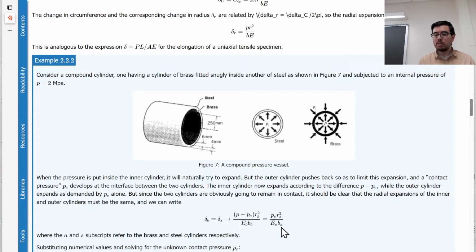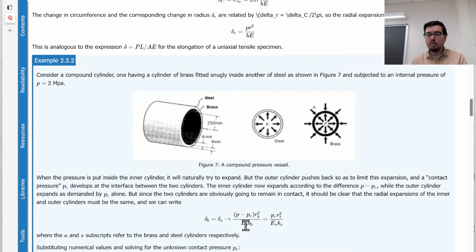And so those pressures are going to be the same. The one acting on the outer ring is going to be the same as the one acting on the inner. It's an action-reaction pair at the interface.